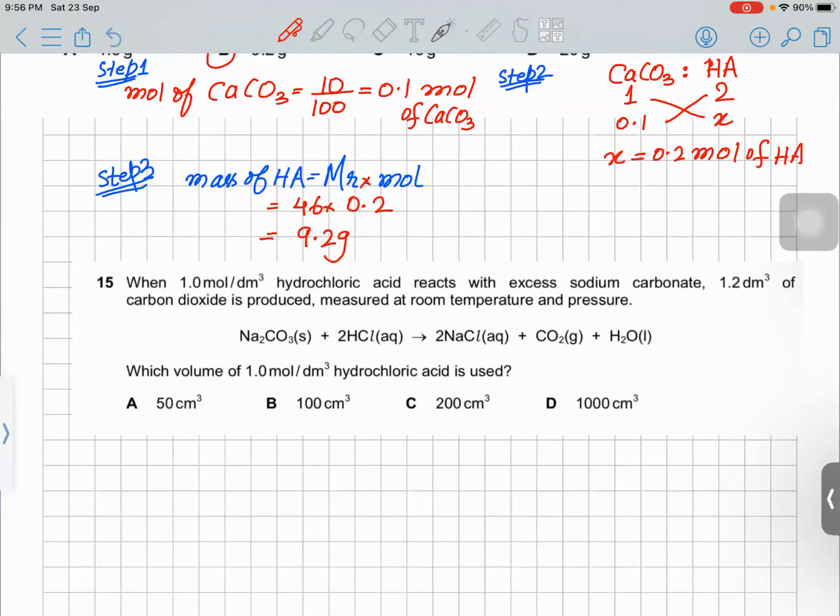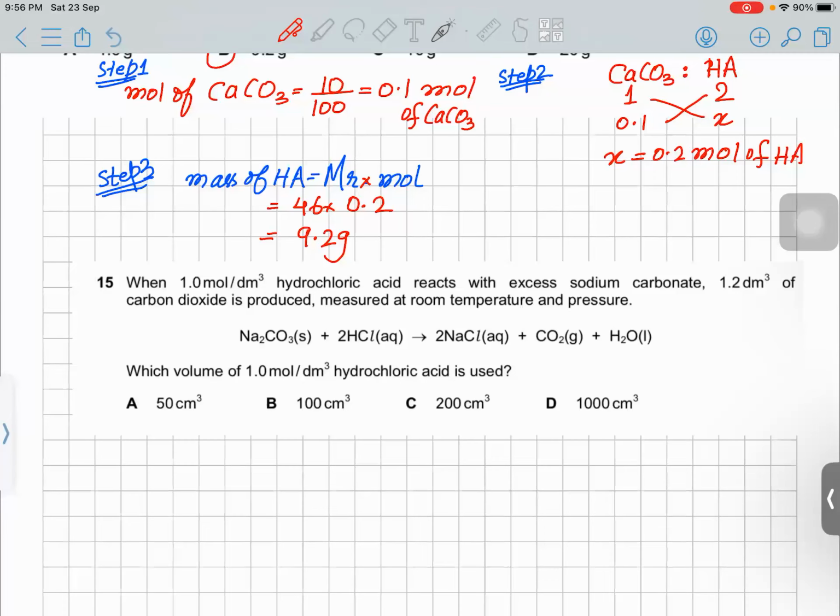When 1 mole per dm cube hydrochloric acid reacts with excess sodium carbonate, 1.2 dm cube of carbon dioxide is produced, measured at room temperature and pressure. Which volume of 1 mole per dm cube hydrochloric acid is used?